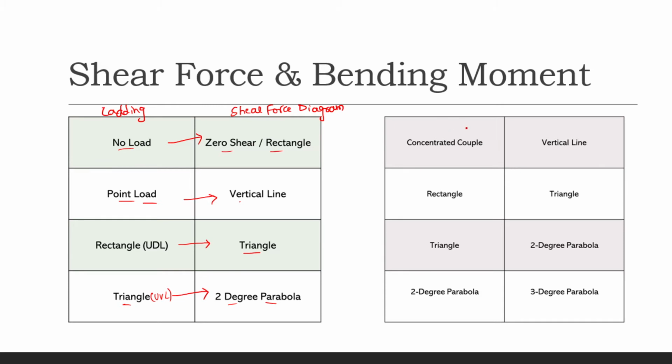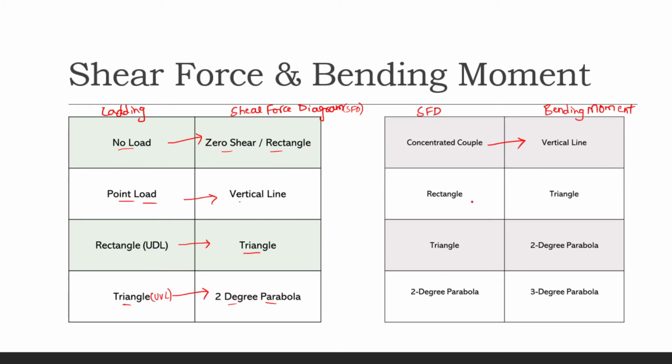And next, this table belongs to bending moment. This will depend on the shear force diagram. Let me write SFD. So if your shear force diagram is a concentrated couple, then your bending moment will have a vertical line.